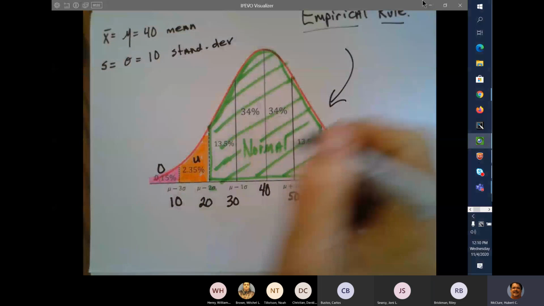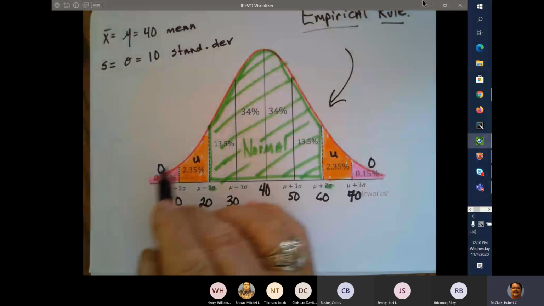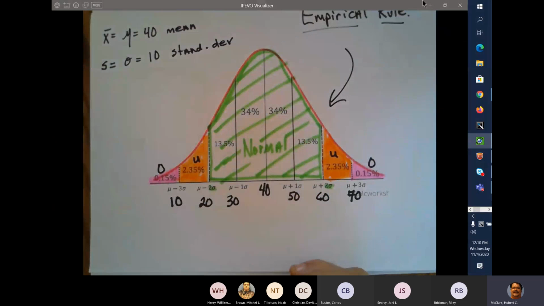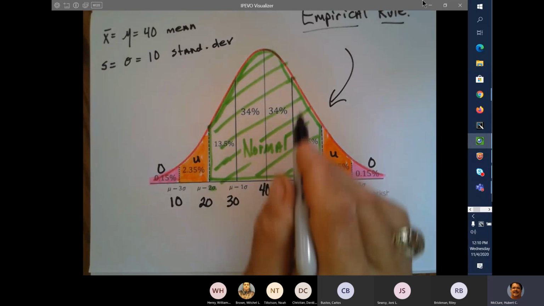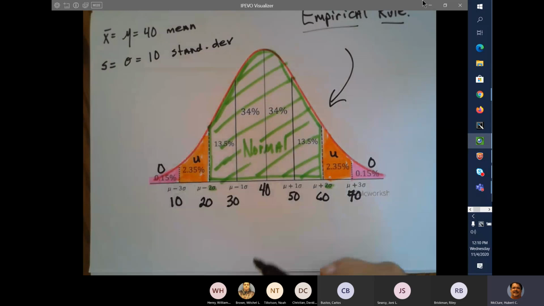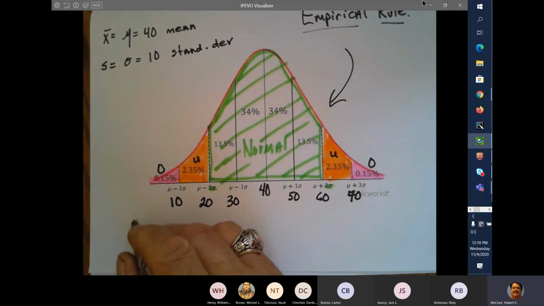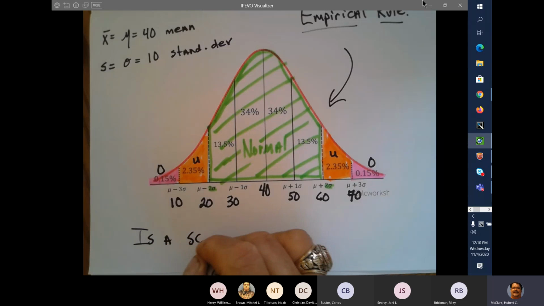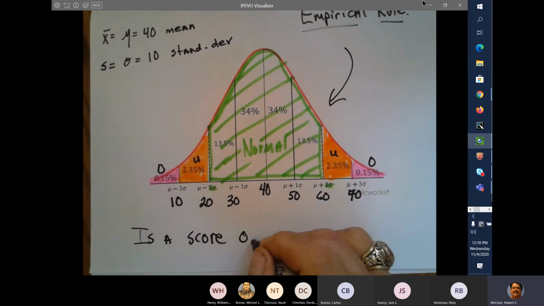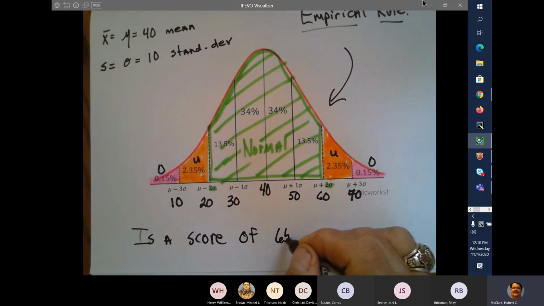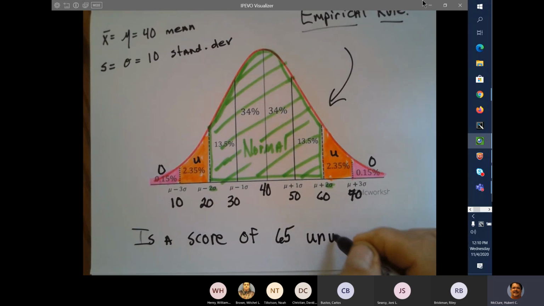is the empirical rule. Should you put this on an index card and keep it? Yes. This is a test question. Whether it's on my test or a standardized test, this is a test question. So a question would be like this. Is a score, and we'll say these are scores on an algebra test or whatever, is a score of 65 unusual?